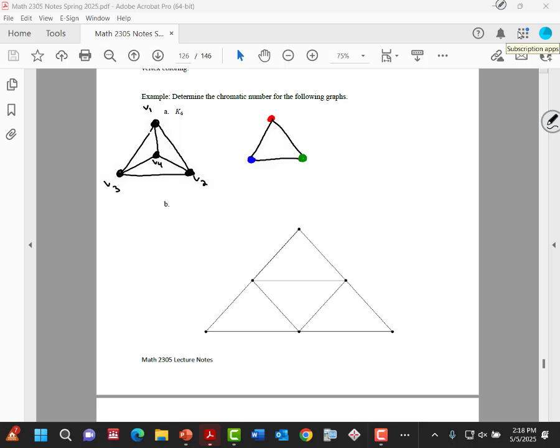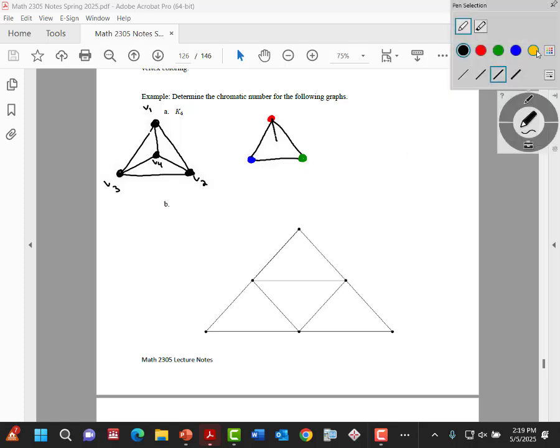Now, I have one other vertex, V4. Well, notice V4 is going to be connected to V1, V2, and V3. So I cannot color V4 red, green, or blue. So let's color him perhaps orange.